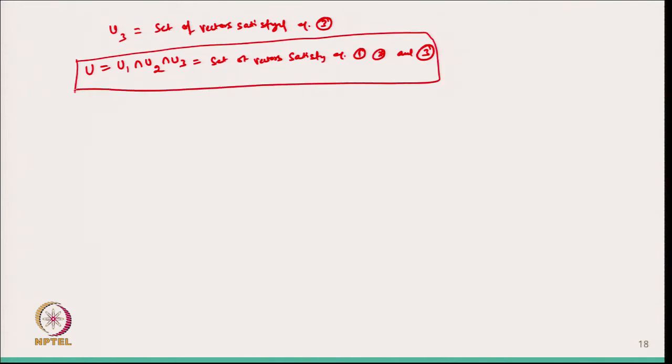I know that U1 is a subspace, U2 is also a subspace, U3 is also a subspace. I am just taking the intersection that satisfies all these conditions, and that is equal to my U. This way we can see how the intersection plays a role here.